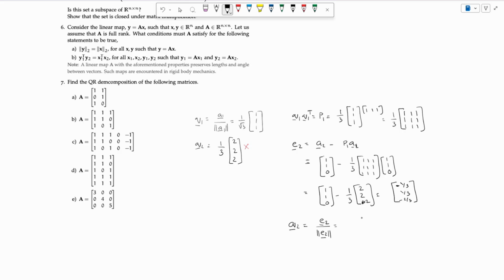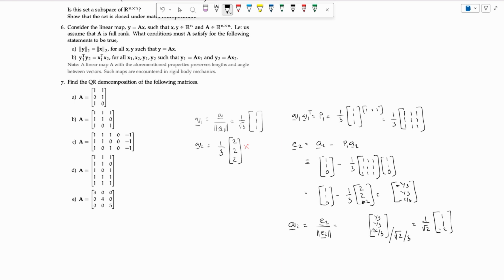What is the length of E2? Yeah, square root of 2 by 3. Like this. 3 is outside the square root, right? What will that be? Okay.